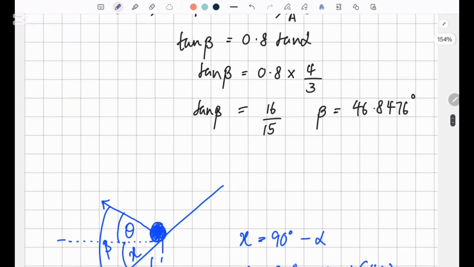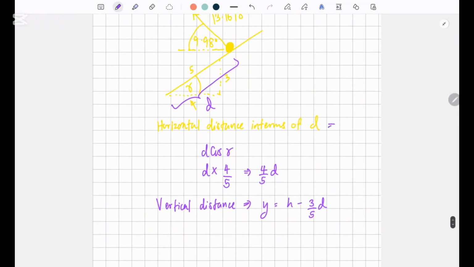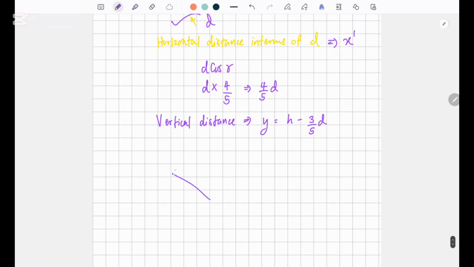So how do you find that? In projectile motion, your horizontal distance has no acceleration, but your vertical has acceleration, right? So X dash equals 4/5 D, which we just found, and you can write s equals ut along the horizontal.